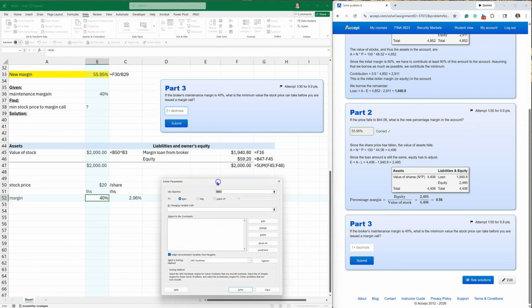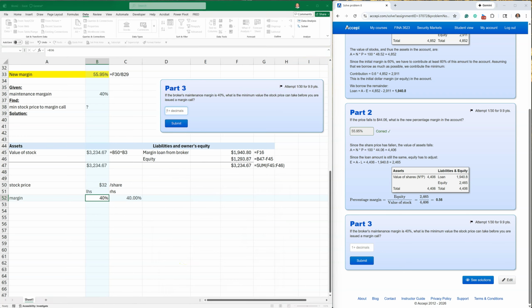In my solver parameters, I want this right-hand side, this 2.96, to equal 40%, and I'm going to change my stock price. If I go Solve, it's going to say this, and I'm just going to go OK.